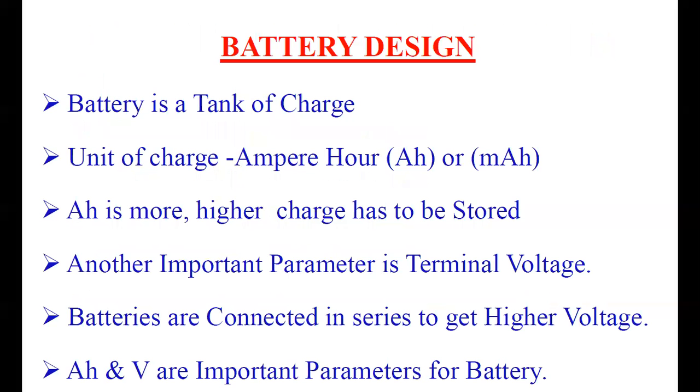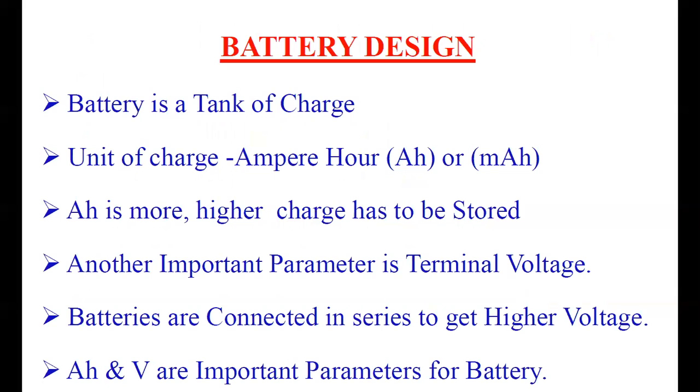The next topic will be the battery design. The battery is a very important part in the home solar system design to store the charge. A battery is a tank of charge. It stores charge and delivers this charge whenever required.